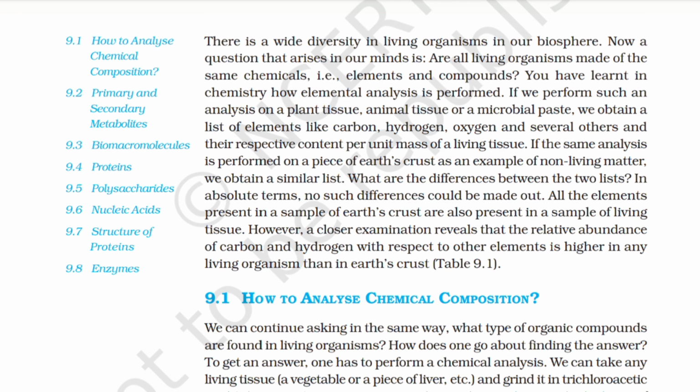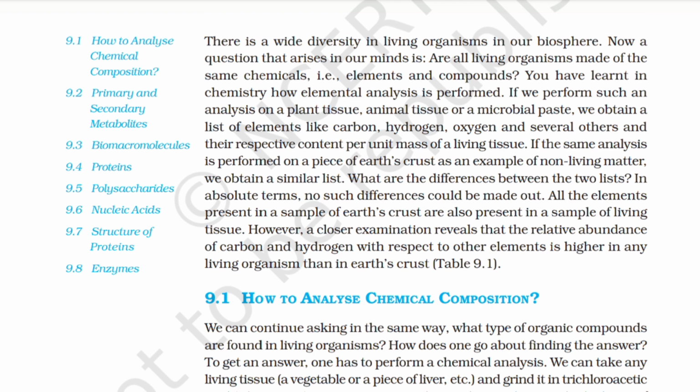If the same analysis is performed on a piece of Earth's crust as an example of non-living matter, we obtain a similar list. What are the differences between the two lists in absolute terms? No such differences could be made out.